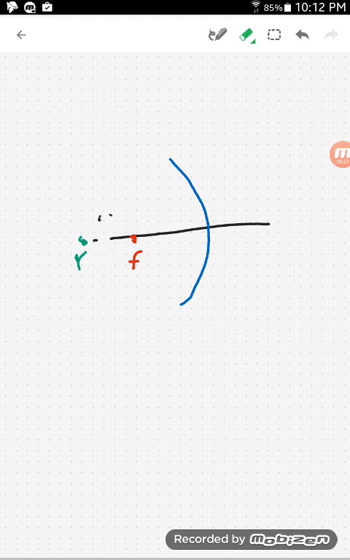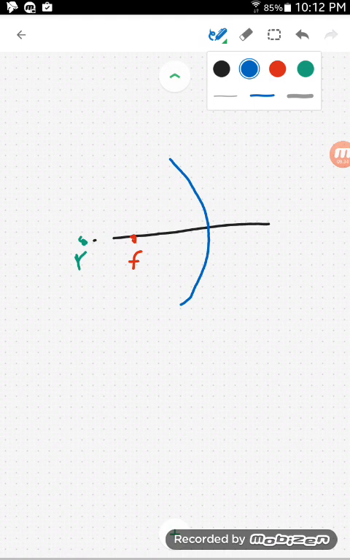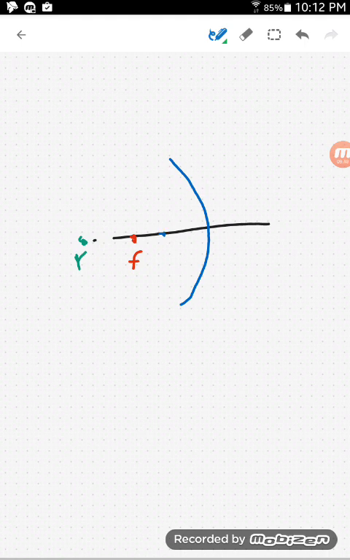I apologize, guys. It would actually be in front of this focal point, so it would be somewhere in this area. Again, this is not to scale or anything fancy, so there's that, and that's going to be our object.